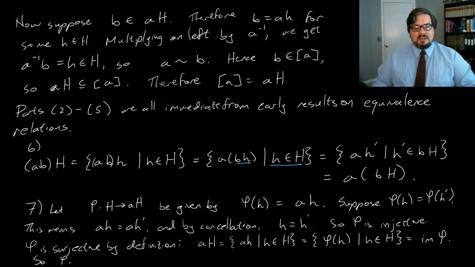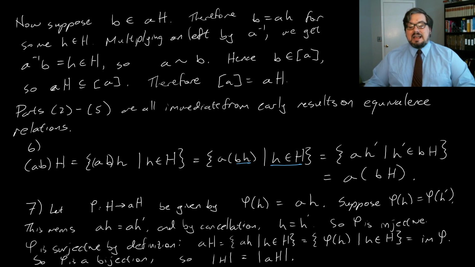So that means that phi is a bijection, and so that means that the cardinality of H as a set is equal to the cardinality of AH as a set. And because this holds for any A, that means that every coset of H has the same number of elements, namely the number of elements in H. Or the same cardinality even. H could be infinite, but in particular this shows that they have the same cardinality because there's a bijection between them.